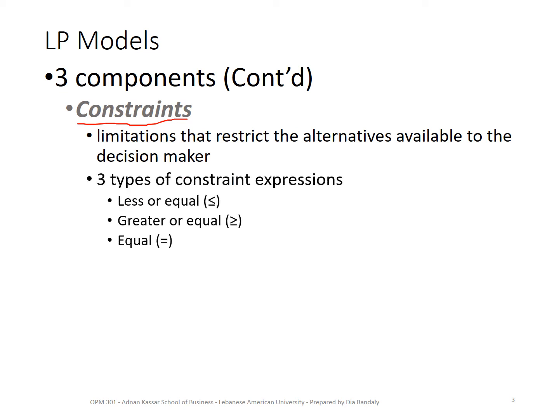But first of all, let me tell you that mathematically we have three types of constraints: those that use the inequality less or equal, greater or equal, or equal, right? So they are specifying for us that, listen, this should be less or equal than that, or it should be greater or equal than that, or even harder, it should be exactly equal to this.